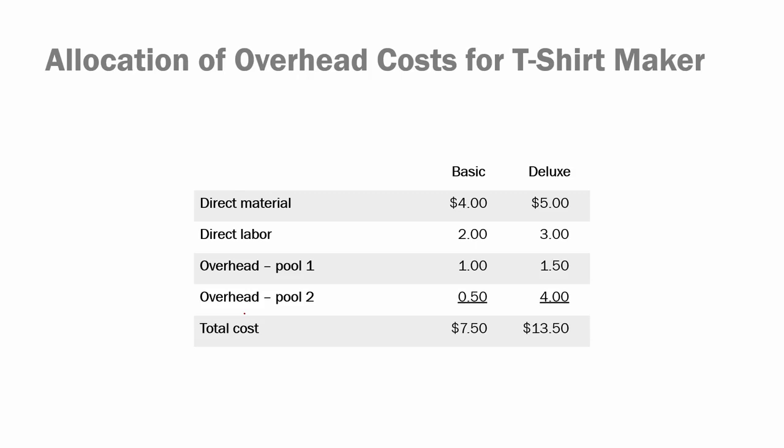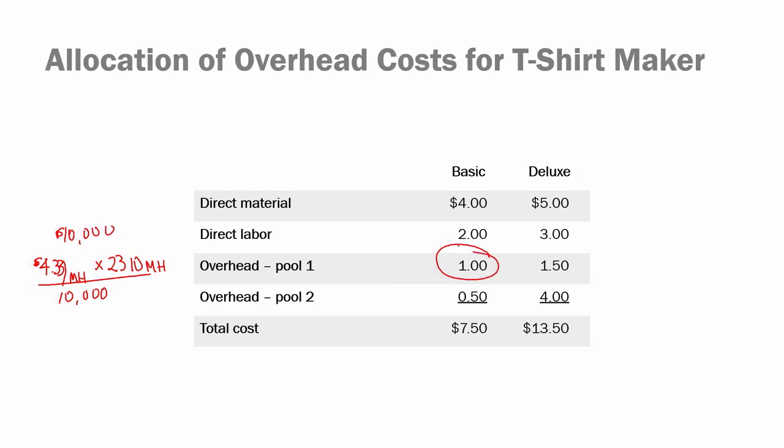This is how we get that. $4.33 per machine hour is our allocation rate, and they require 2,310 machine hours. And there's 10,000 basic t-shirts, so that's $1 per shirt. This numerator was $10,000. So we get $1 per shirt.